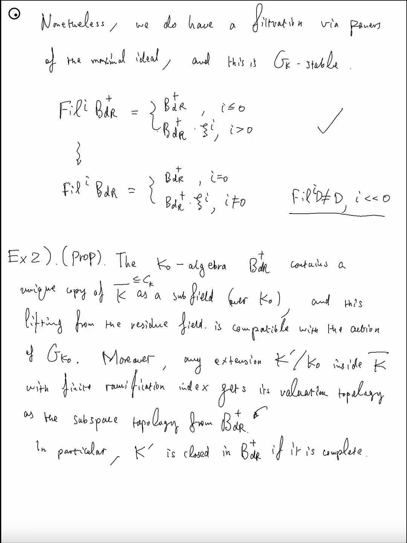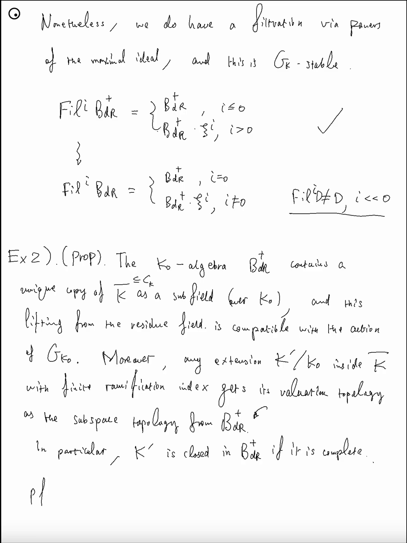Yeah, if this is complete for its valuation, then it implies in particular this is closed, right, for any converging sequence. That point, if it exists, is in K prime itself.